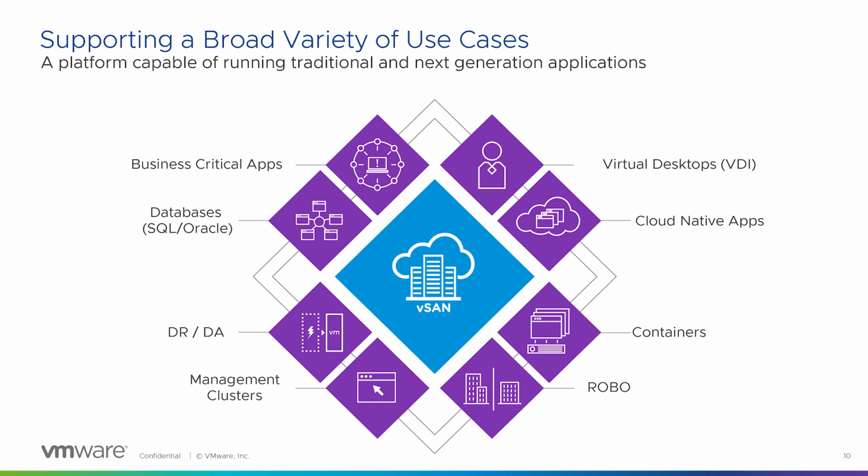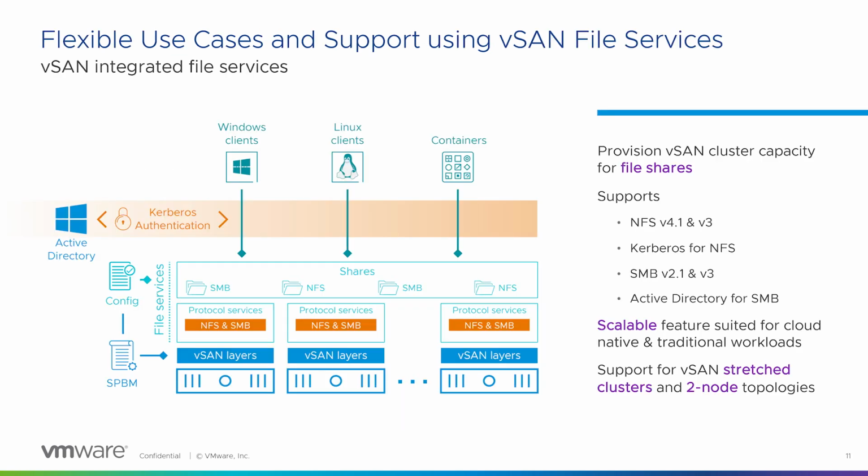You get a set of policies that allow you to tailor how you profile your workloads, and you can profile them for any workload. For VDI, for database work, for commodity storage, and for high performance.